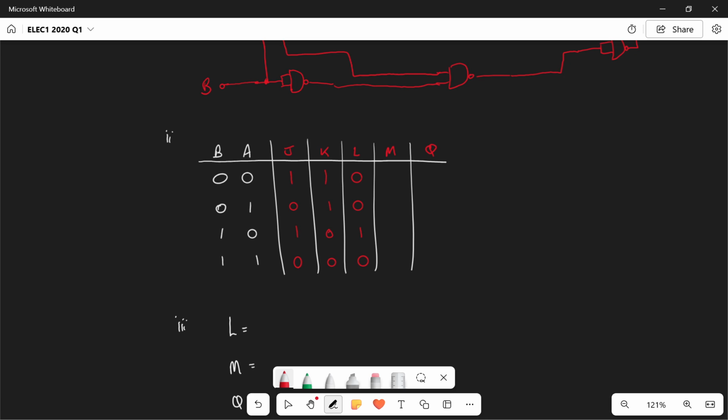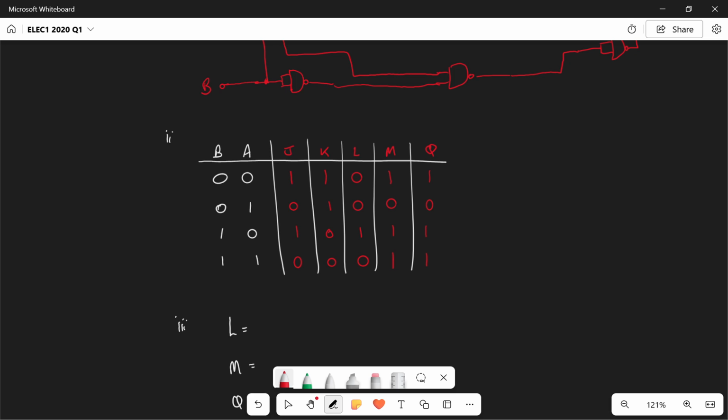M is the NAND of A and K. Well, remember in a NAND gate configuration, both inputs are high is the only time when the output is low. And so therefore we're probably going to end up with less lows than highs, and that's why we get 1, 0, 1, 1. And Q is the OR of L and M, and that gives us 1, 0, 1, 1.